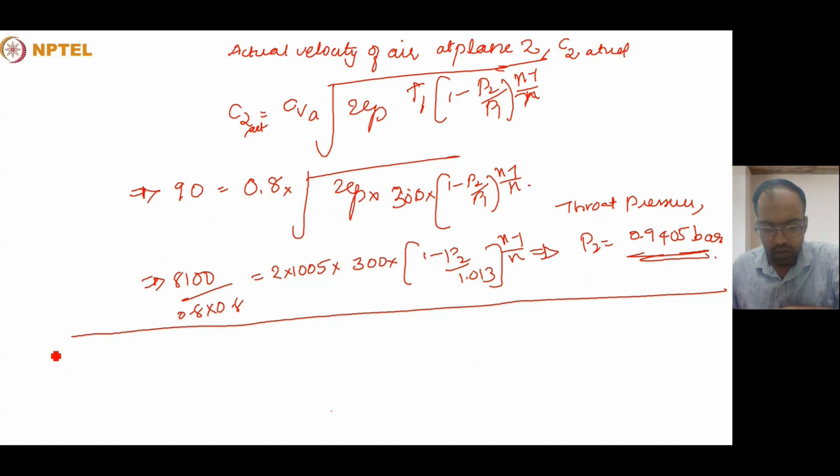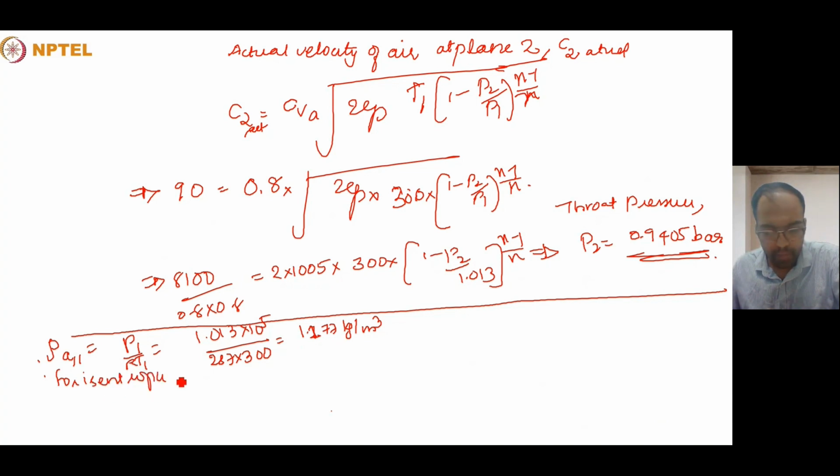In this problem, we need to calculate the density of air at the first point, which is equal to P1 divided by RT1, equal to 1.013 into 10 power 5 divided by 287 into 300. So it will be coming around 1.177 kilogram per meter cube. For isentropic flow, PV raised to gamma is a constant, and equivalent to the specific volume, it's the density.